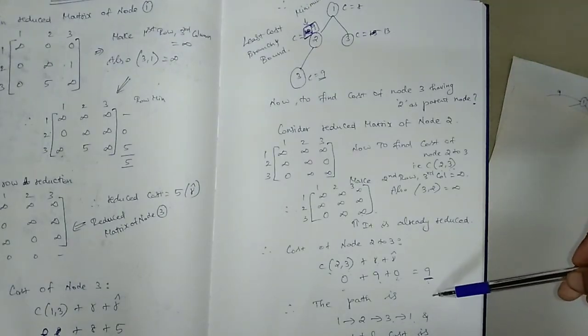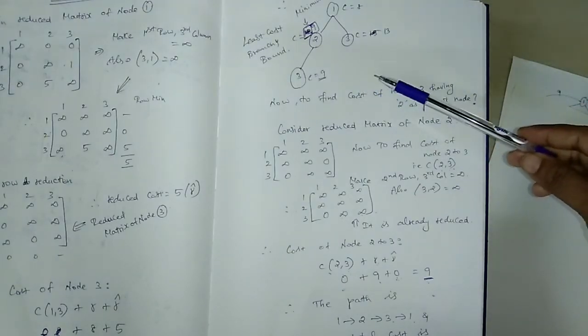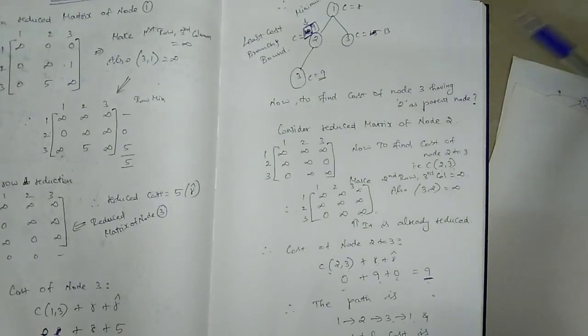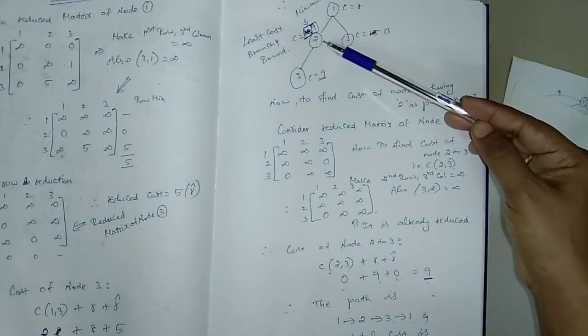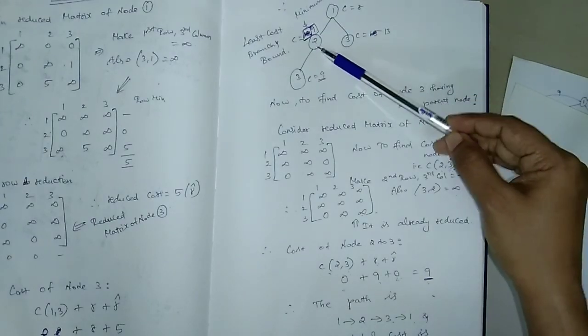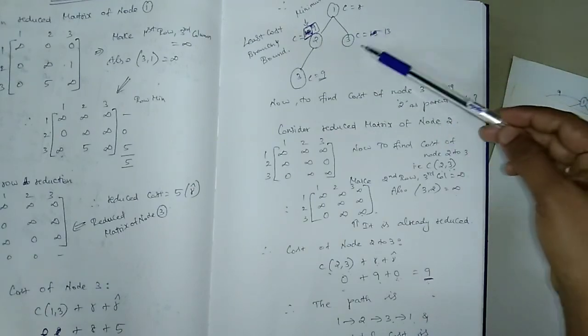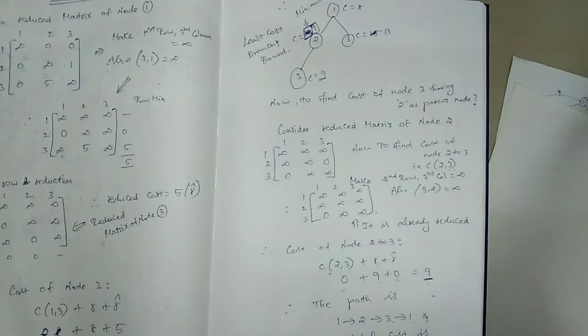Whereas here in the branch and bound technique, it is breadth first and we focus on finding only the optimal solution, and it is least cost branch and bound in the sense we branch out the node based on the least cost. If the cost of one node is lesser than the cost of the other remaining nodes, only that particular node is branched out further. So this is least cost branch and bound.